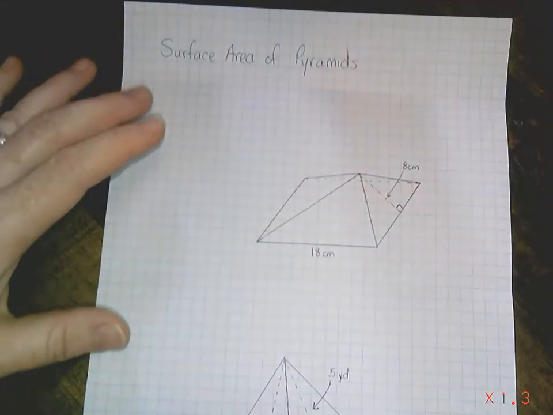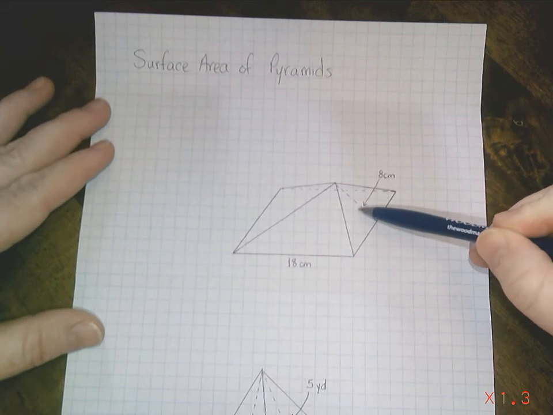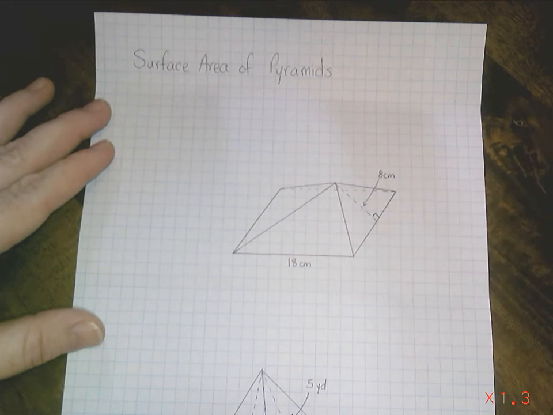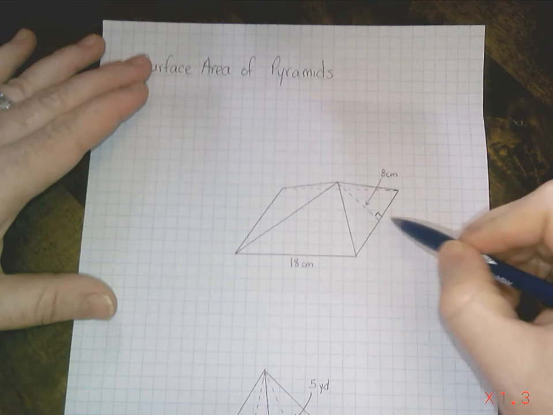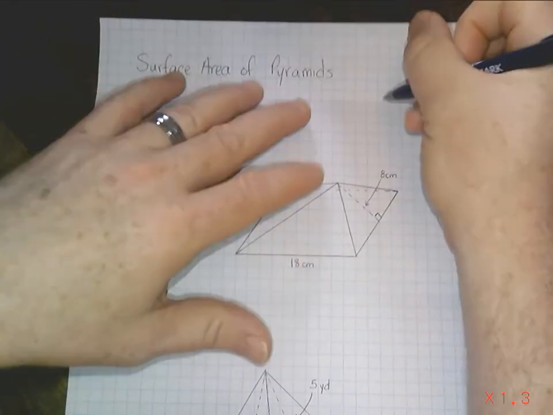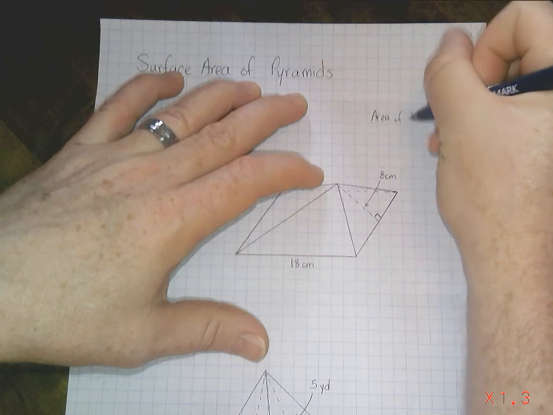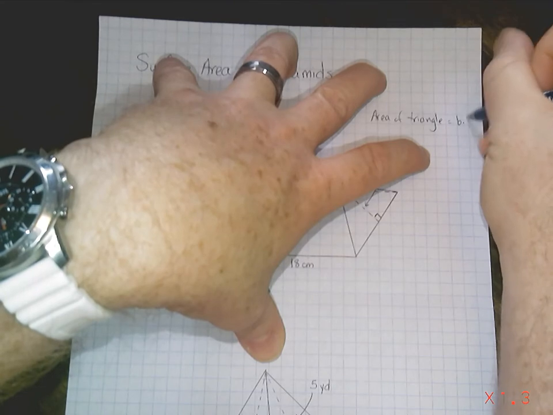So what I did was I came up with 2 other examples, one that's in your homework and another one that's not. This one here, same thing. You've got four lateral surfaces, 4 triangles, one here, one here, one here, and one in the back that you can barely see. This triangle is an 18 by 8. So remember, area of a triangle equals base times height divided by 2.